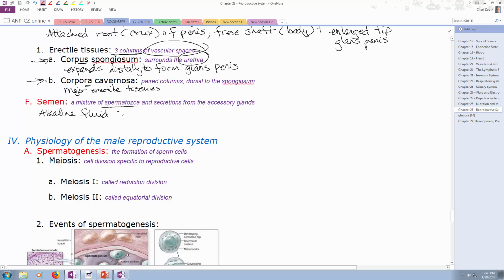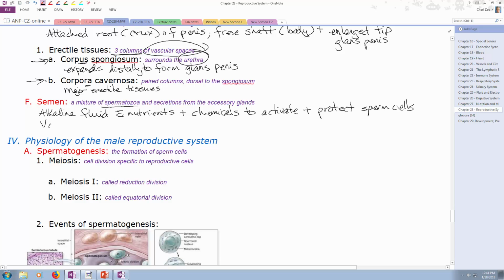It is an alkaline fluid with nutrients and chemicals to activate and protect the cells, and activation is part of the process of making them capable of fertilizing or penetrating an egg.